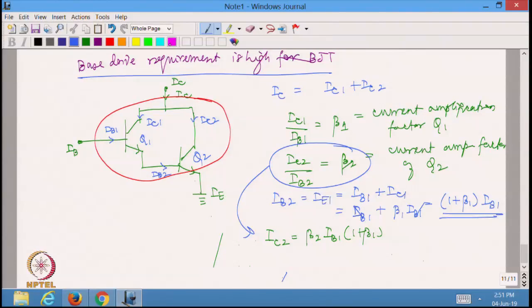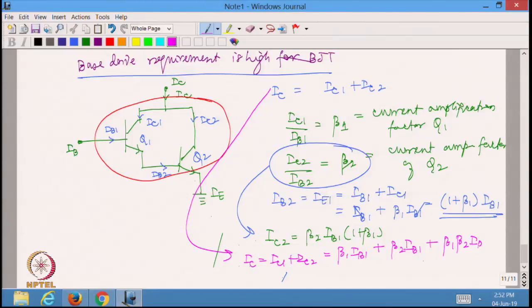Now, let me write what IC is. IC is equal to IC1 plus IC2. IC1, we wrote already, is beta 1 times IB1, and for IC2 we wrote beta 2 times IB1 plus beta 1 beta 2 times IB1.